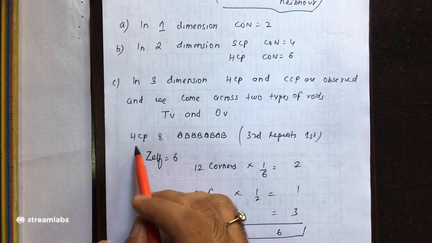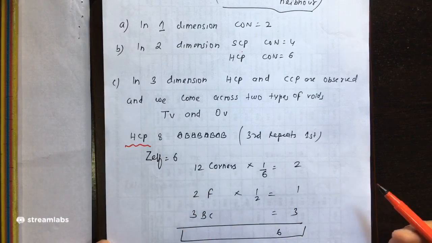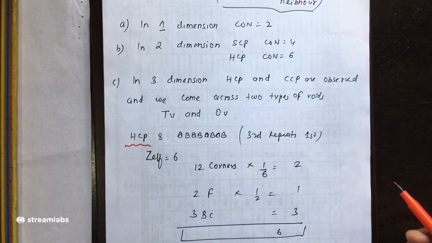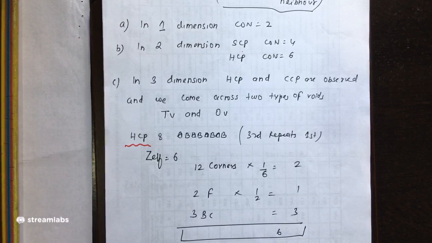In HCP arrangement, if you talk about hexagonal close packing, the arrangement which we get is nothing but A, B, A, B, A, B type of arrangement. So what I mean is the third layer is repeating the first layer. Okay. So this is called AB, AB, AB type of arrangement.